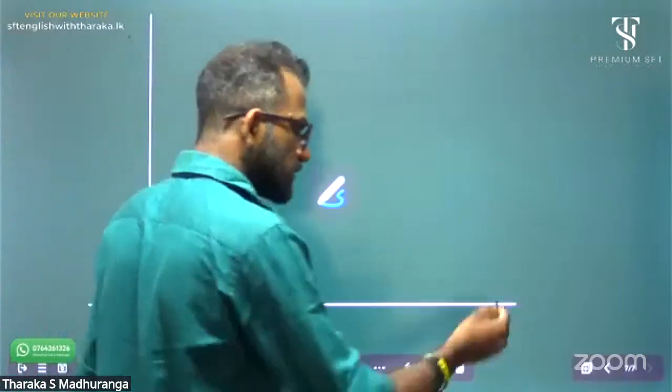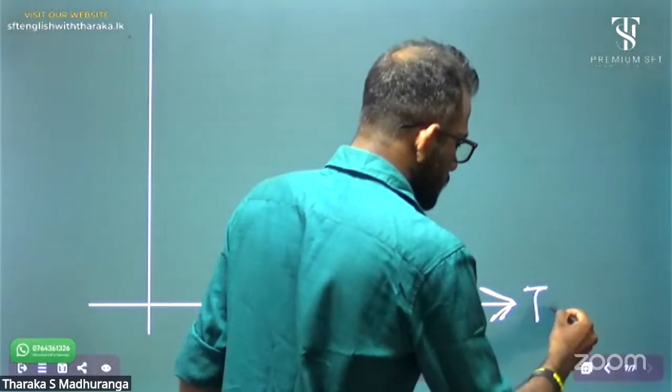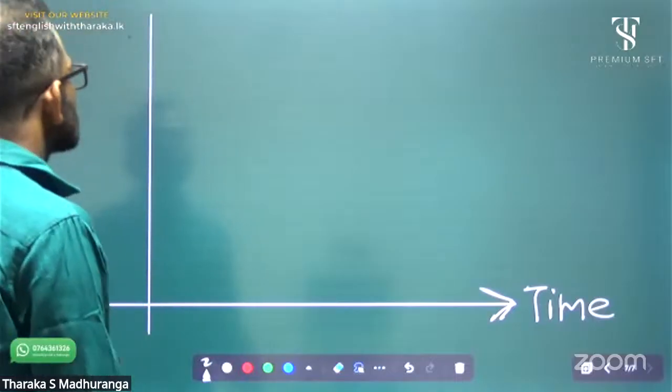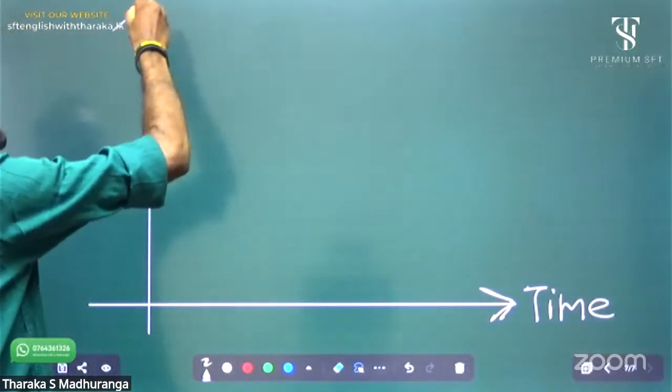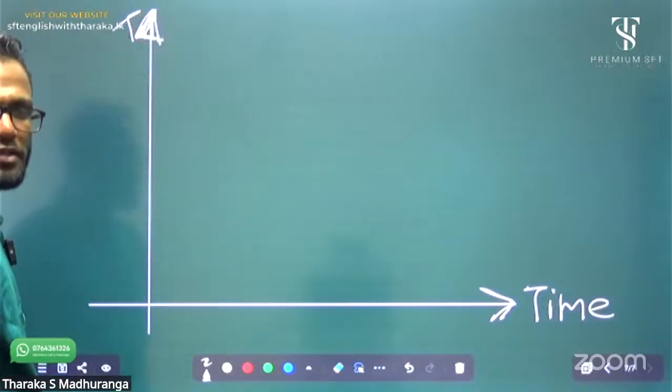The x-axis is always time. If you don't remember, please note it down. The x-axis is the time. The y-axis is always temperature. It's temperature and time.